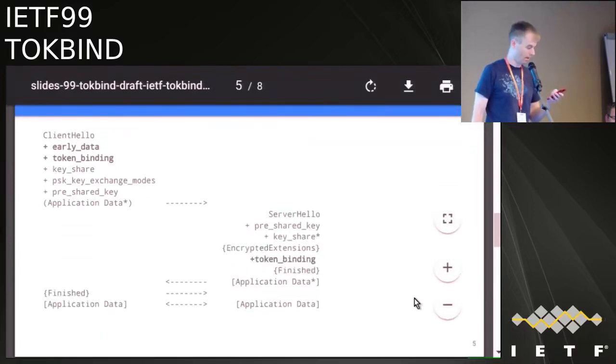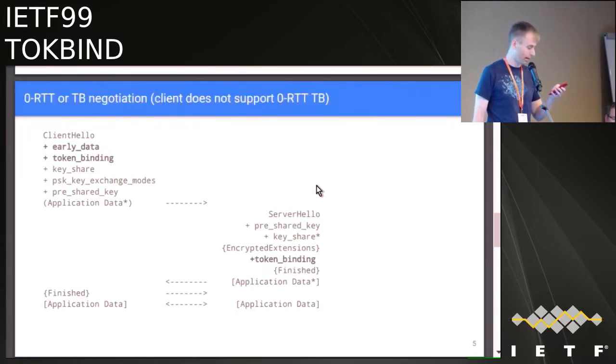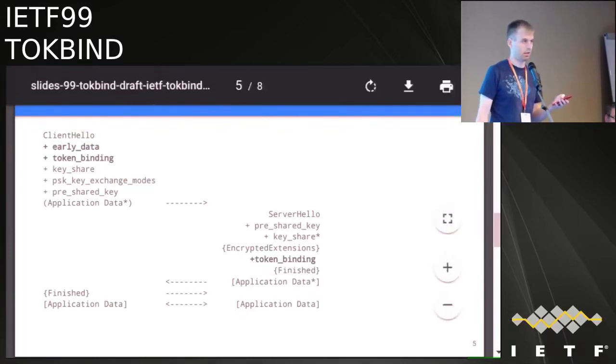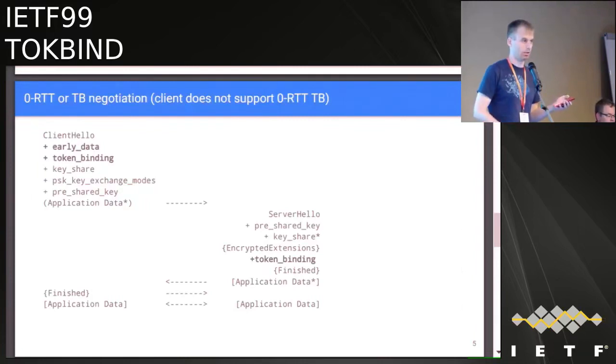So next slide, we see what this looks like when the client does not support zero-RTT token binding, but the server possibly does. For this example, the client includes token binding because it's willing to negotiate token binding for this extension. It has early data in this example because it's resuming a session where token binding was not previously negotiated.